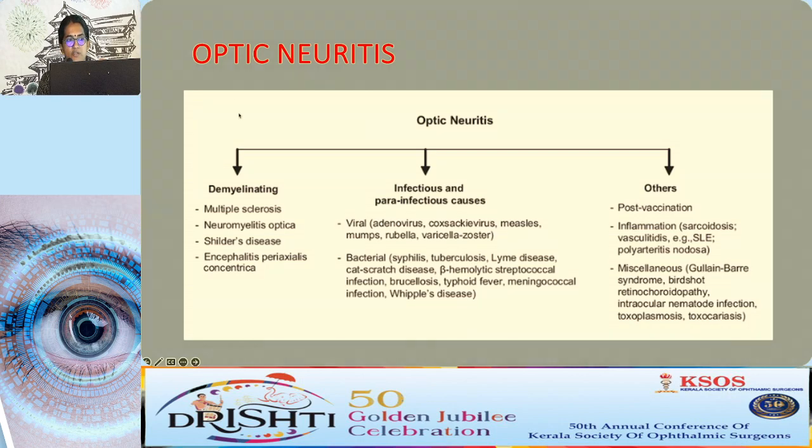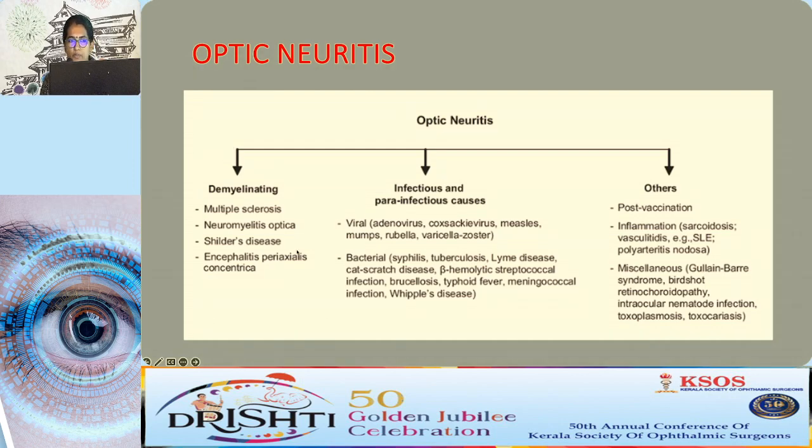Sometimes, usually I think 15 to 20%, the first symptom of multiple sclerosis may be optic neuritis, and 50% of multiple sclerosis patients might have an episode of optic neuritis somewhere in the course of the disease. And then neuromyelitis optica and Schilder's disease, encephalitis periaxialis concentrica: all these are demyelinating causes.